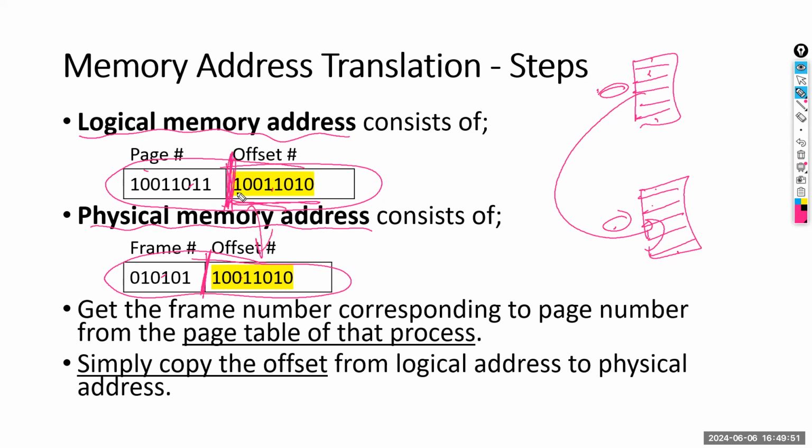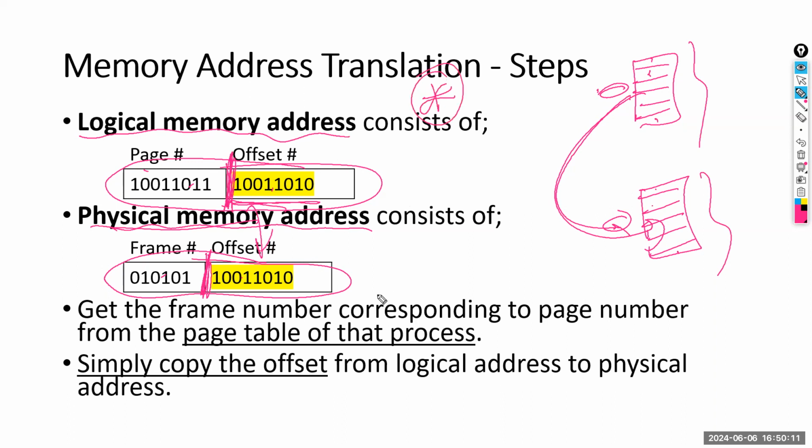If your offset bit pattern is 100111010, your offset in your physical memory address is also 100111010, because the offset is going to be the same since page size and frame size are the same. That is the first thing you need to understand.